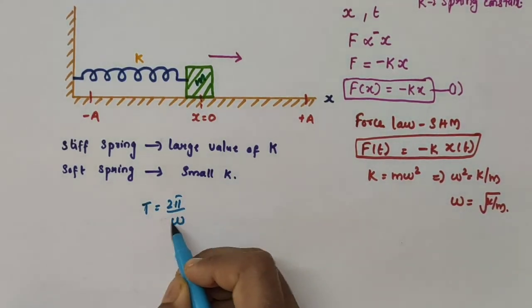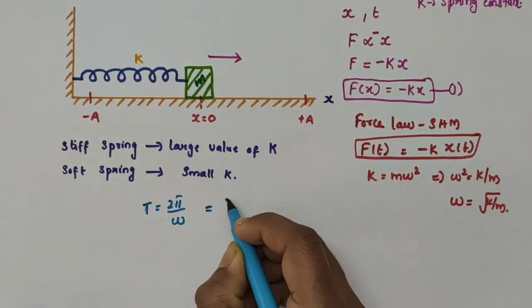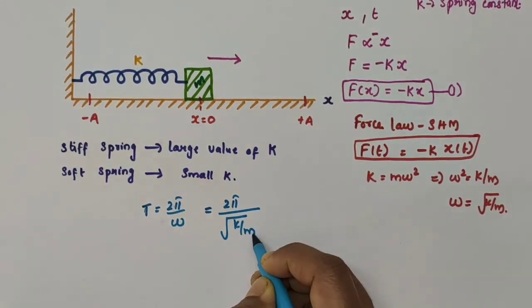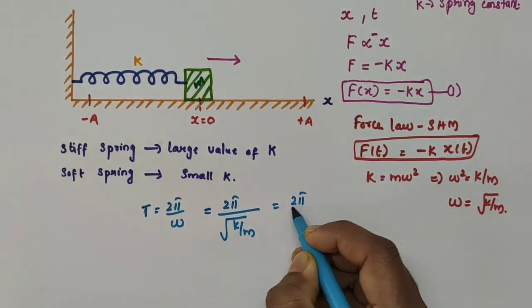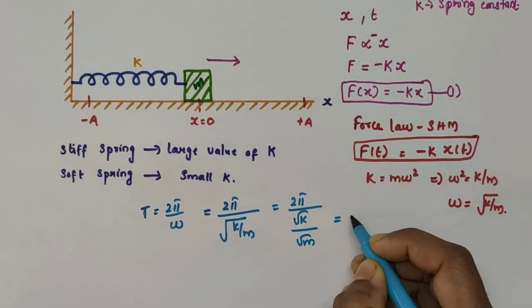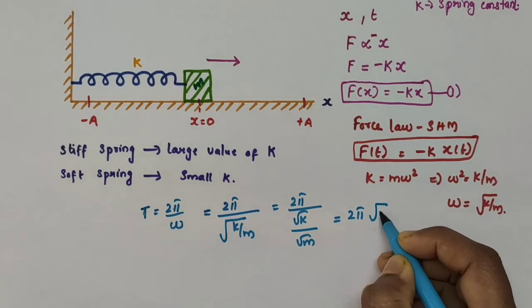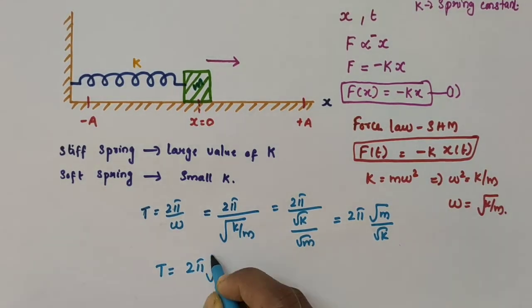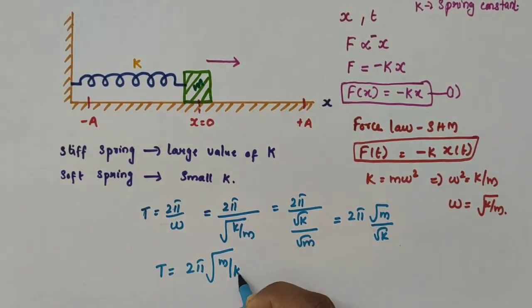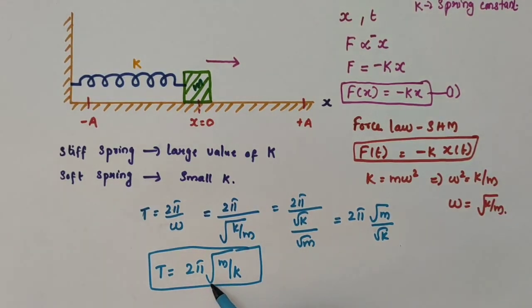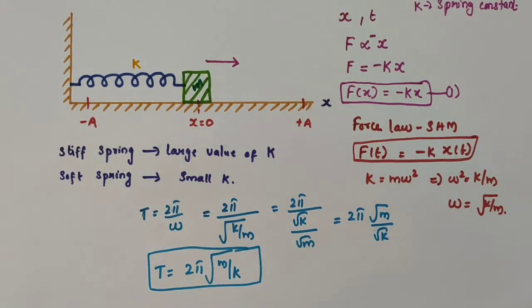So the time period of the oscillator becomes 2 pi divided by square root of k by m. This can be written as 2 pi divided by square root of k divided by root m, multiplication with reciprocal, so 2 pi into root m divided by root k. That is, we can write T is equal to 2 pi into square root of m by k. So this is the time period of this oscillator.